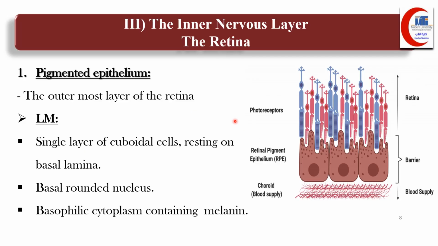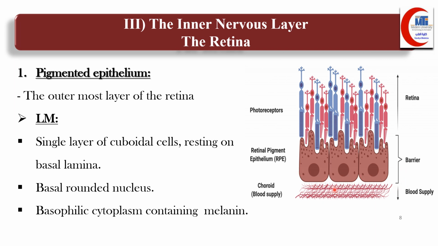Okay, let's start with the first layer of the retina, the retinal pigmented epithelium. It is the outermost layer of the retina. By the light microscope, the retinal pigmented epithelium appears as a single layer of cuboidal cells resting on a basal lamina.